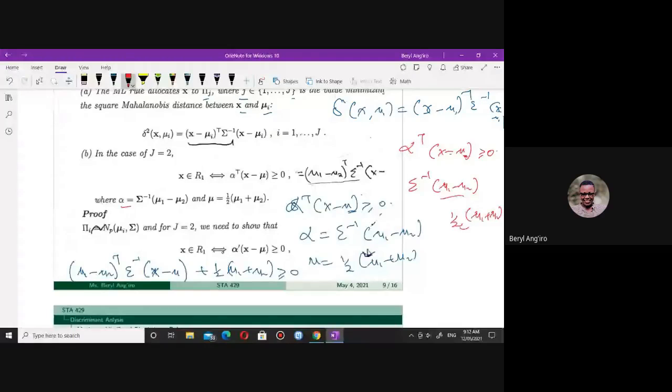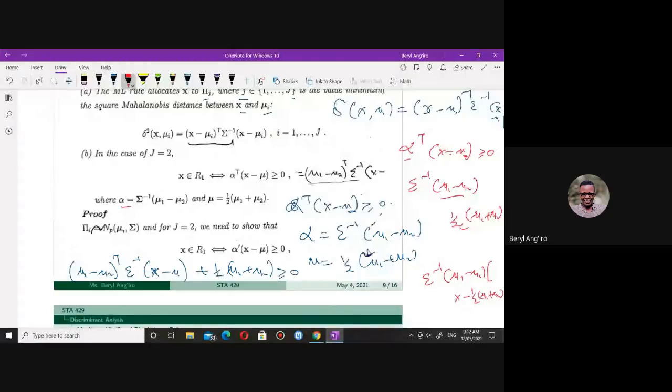So if you take these two here, this is sigma inverse (mu1 minus mu2). All this is multiplied by x minus a half (mu1 plus mu2).